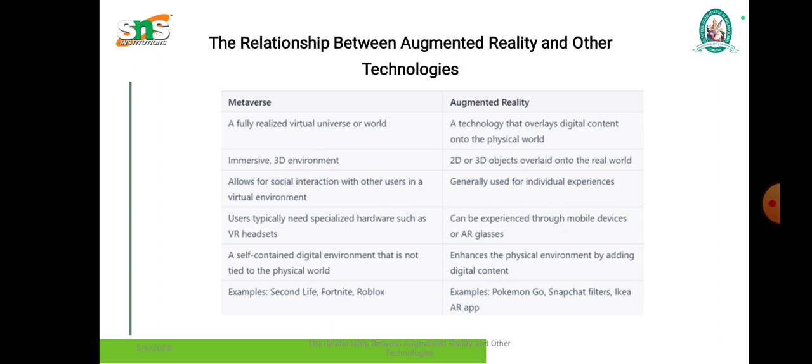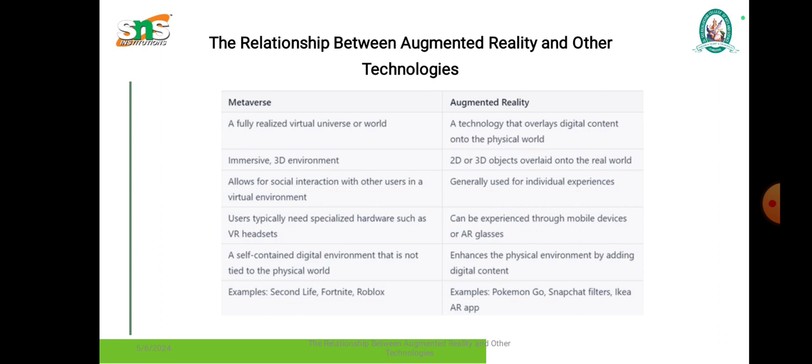And the second point, the metaverse is an immersive 3D environment, but in AR, 2D or 3D objects are overlaid onto the real world. And the third point, the metaverse allows for social interaction with other users in a virtual environment, but AR is generally used for individual experience.